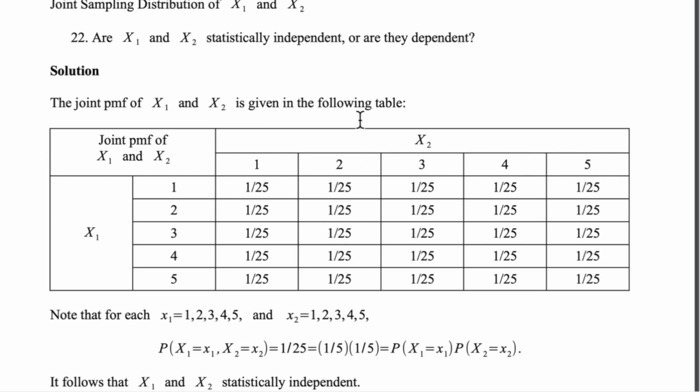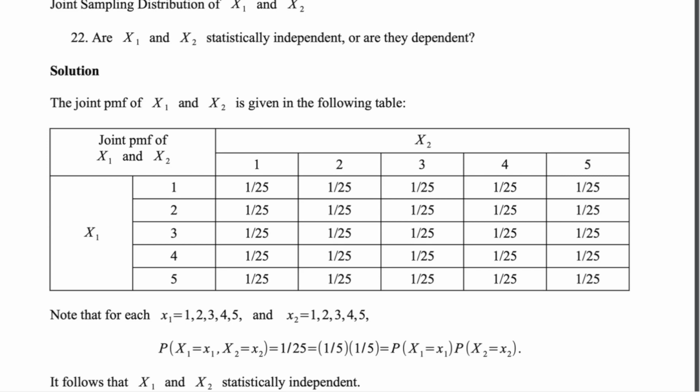Each cell in the table corresponds to a combination of X1 and X2. For example, this cell here, the cell itself, not the value, corresponds to the outcome where X1 is equal to 1 and X2 is equal to 1 as well. This cell down here that I'm pointing to corresponds to the outcome where X1 is 5 and X2 is 2.